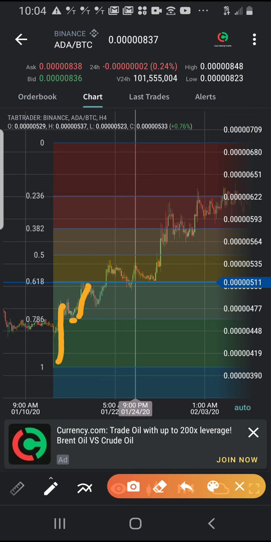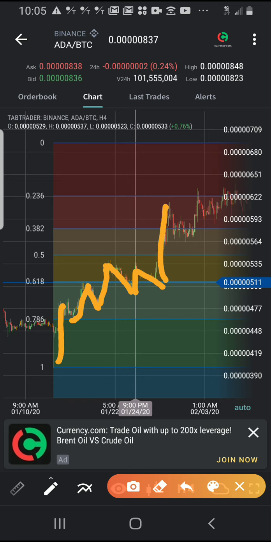We moved up again and touched a resistance at 0.618. We dropped again, we moved up again. Now we finally broke the 0.618 resistance, and we reversed back. Now that 0.618 resistance is now a support. It acted as a support here, and did the same thing here, because we are trying to break this 0.5 resistance. We now broke it up to this level.